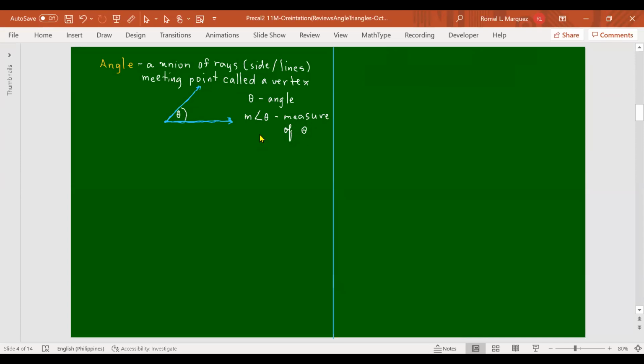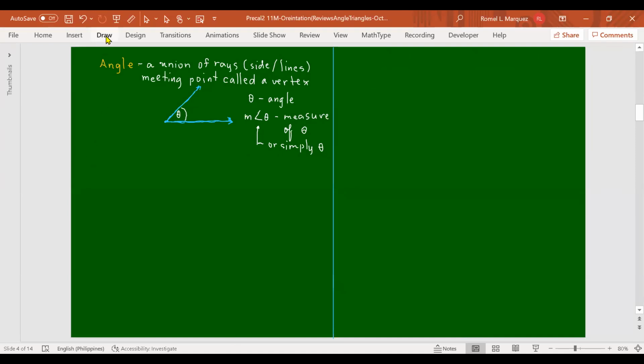Or simply theta. Now in trigonometry, it's not strict. Rather than M measure of angle theta, you can just say the measure is theta, which is the same as the name, okay?